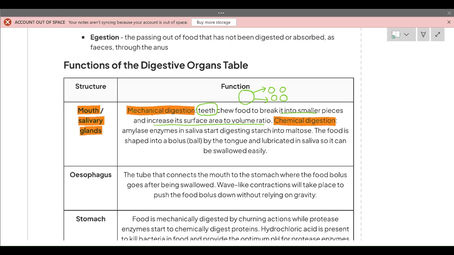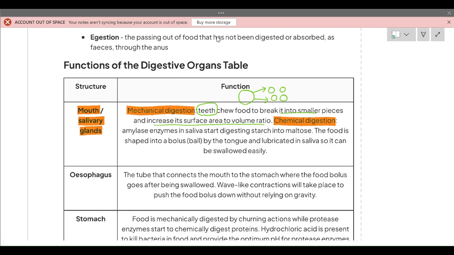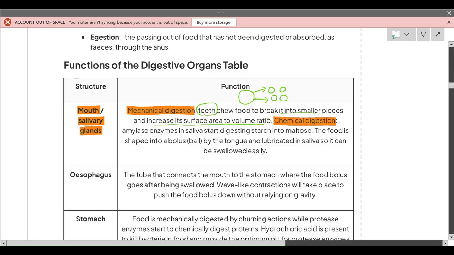Can you please give me the answer why we are doing this? Why are we making the food smaller in size? What is the basic purpose behind this? Why do we need to do the physical digestion here?